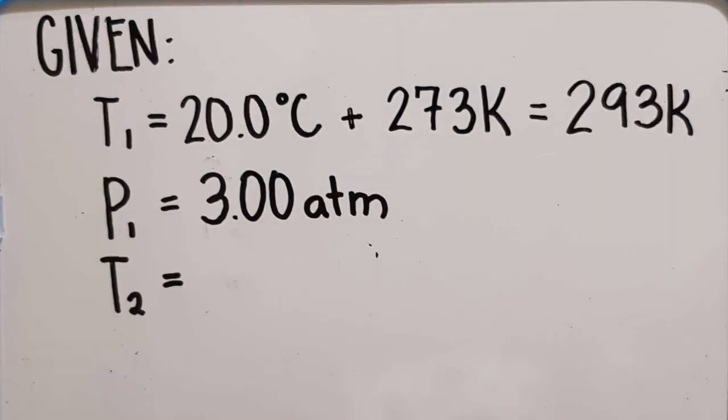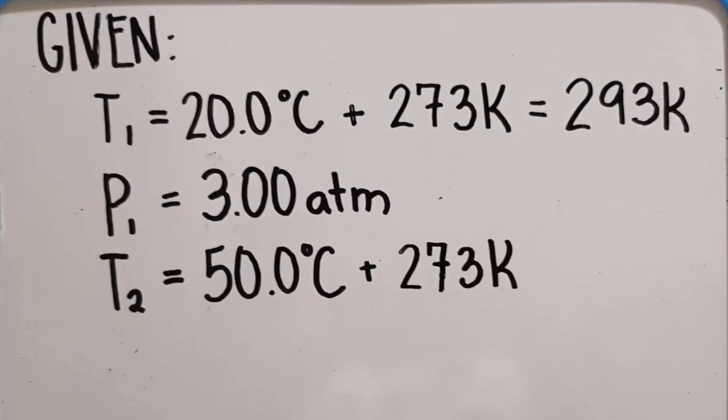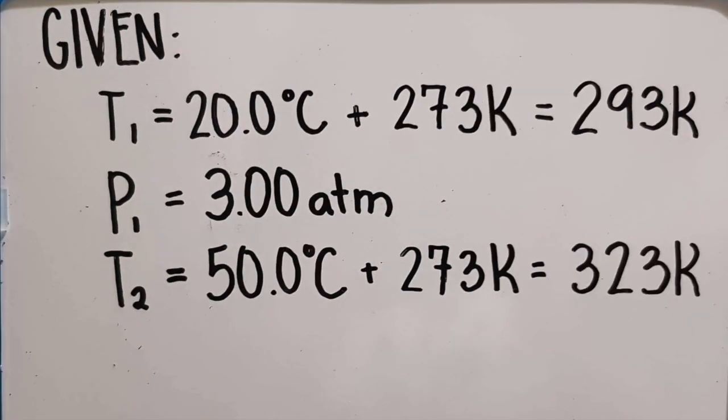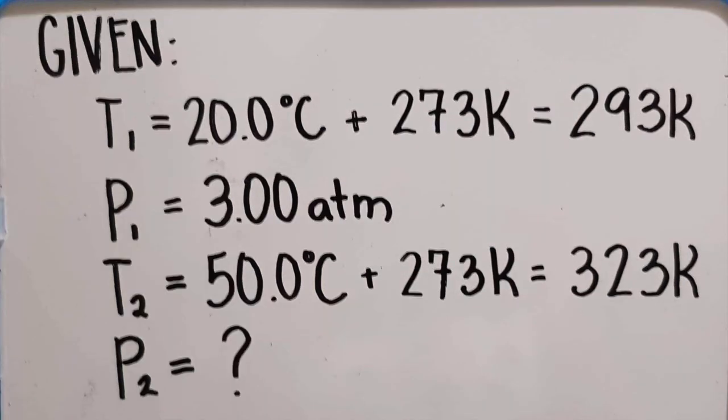The final temperature, 50 degrees Celsius, which we will be converting into Kelvin also. So 50 degrees Celsius plus 273 K is 323 K, or 323 Kelvin. And final pressure being unknown. Notice that the final pressure was not stated, thus being the variable which we will be looking for.